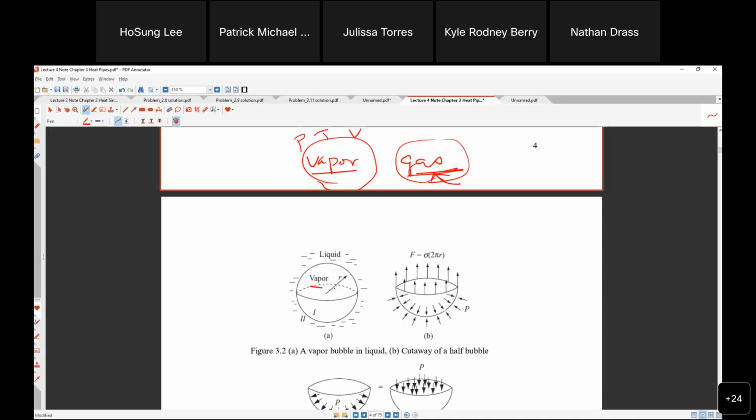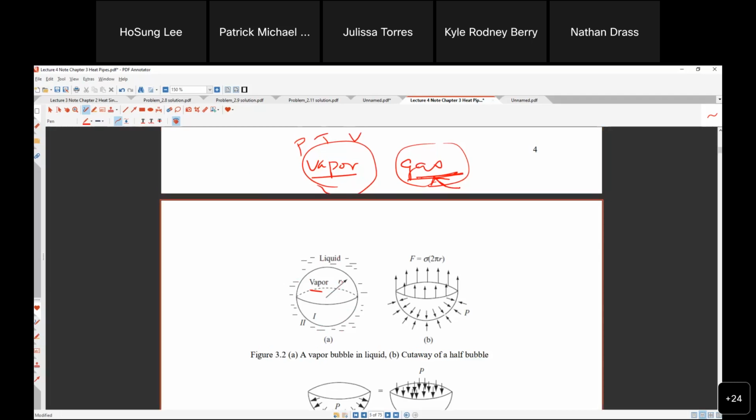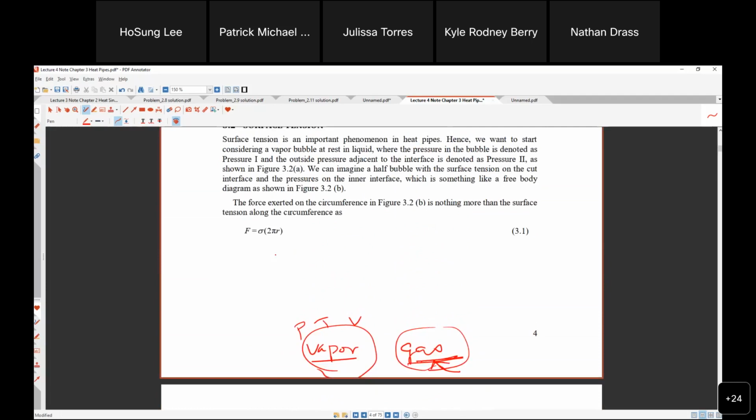Suppose any kind of vapor, substance, liquid, and there is a bubble, possible bubble, radius r. Okay, so according to this, this is a definition of surface tension. Surface tension is along with the surface.